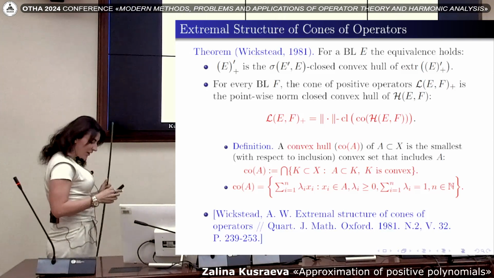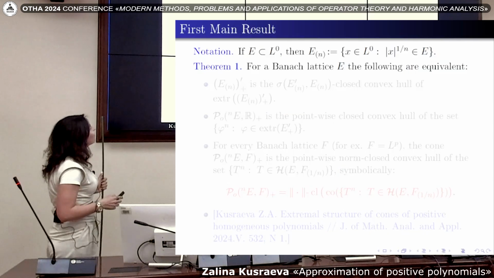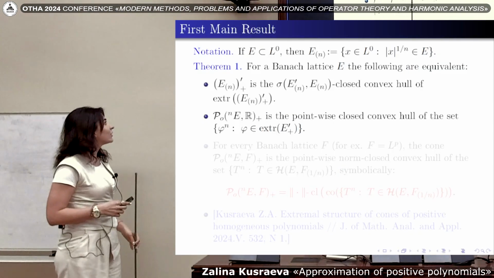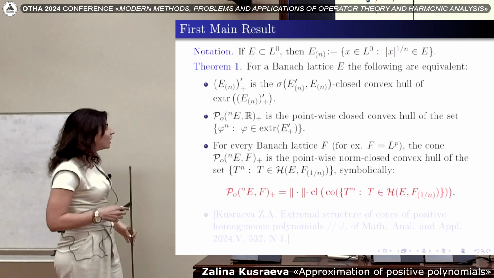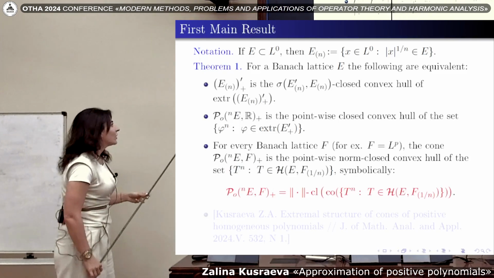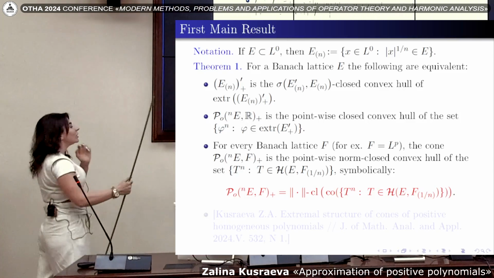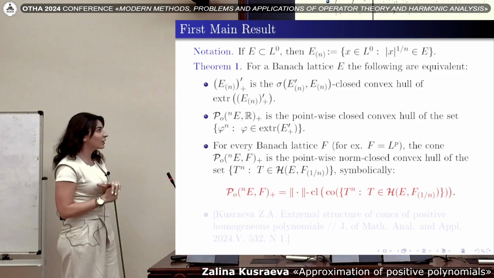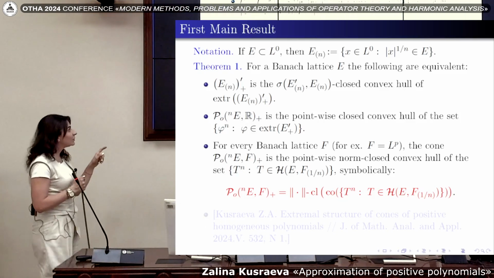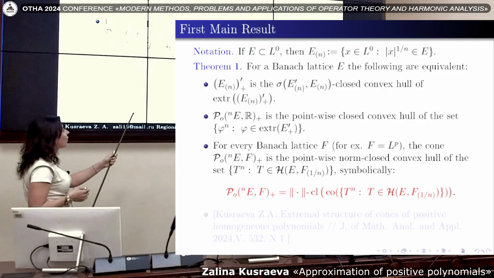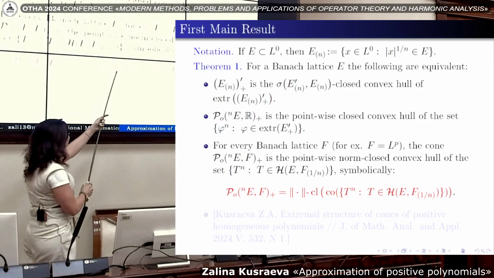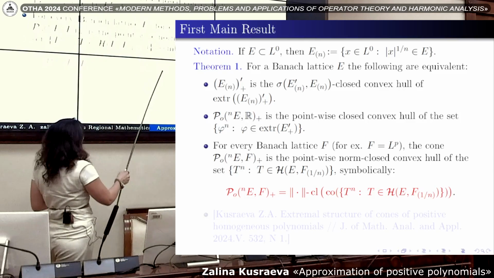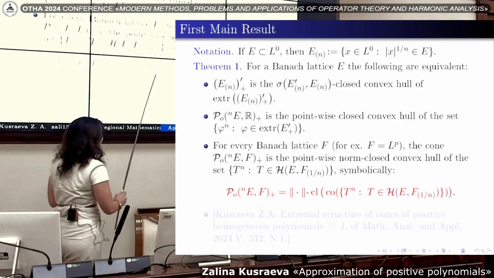And now we can formulate the first main result of this research, which was obtained in 2024. I will show it all and start with the third condition. What we obtained is that an orthogonally additive positive polynomial is a pointwise norm-closed convex hull of the powers of lattice homomorphisms.